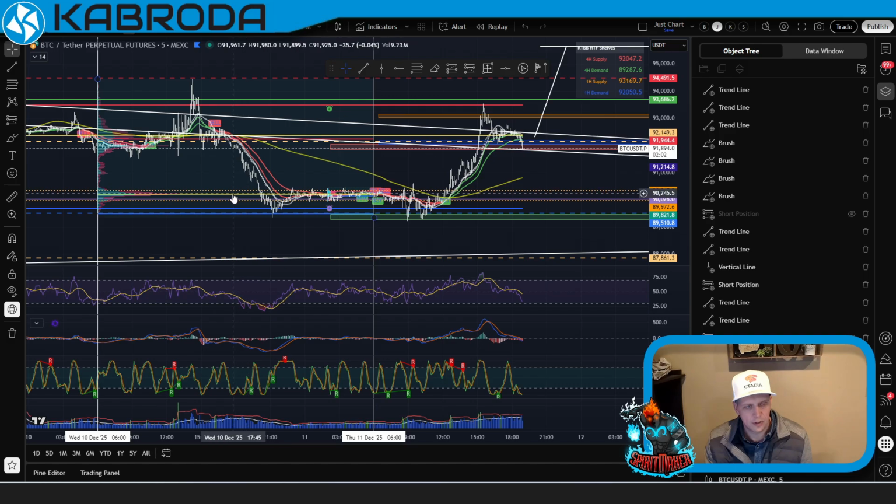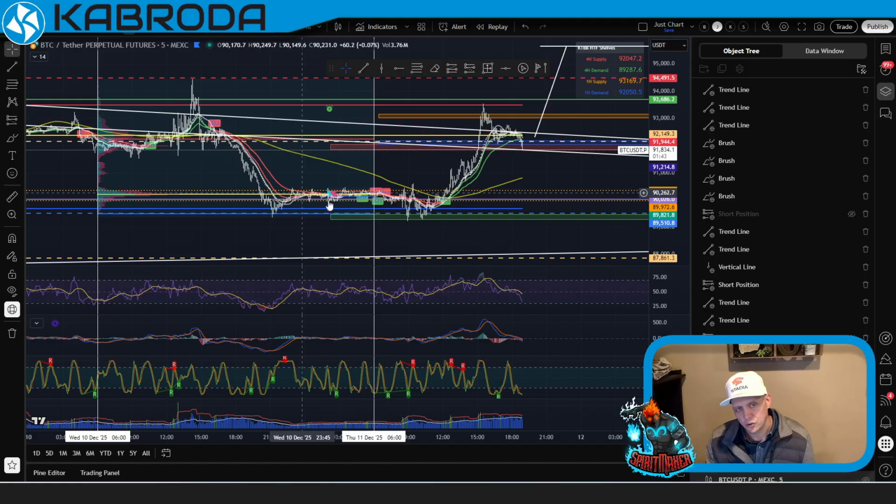We have the point of control right through here, which you can see how it interacted with even on the 5-minute as it broke back through there. It was also the 30-minute high part of the candle, and then you have your VAH up here that it basically ran up to.